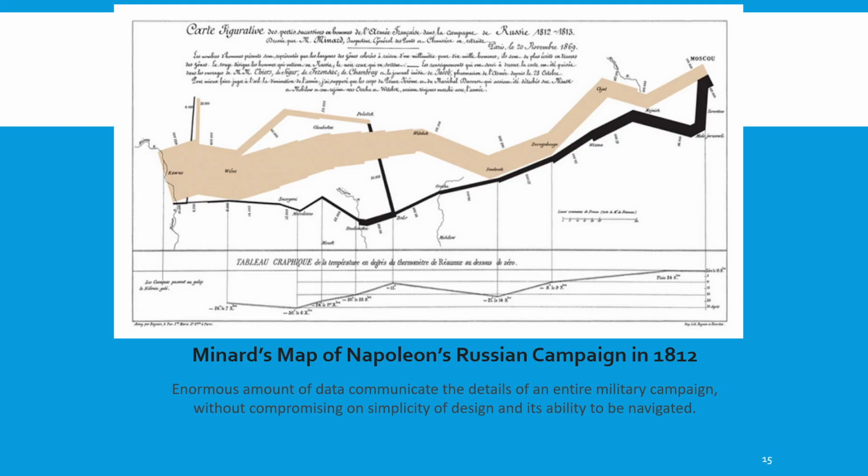This visualization is called Minard's map of Napoleon's Russian campaign in 1812. And if you see, there is a lot of data that is communicated in this graph, and it's simple and you can navigate through it.